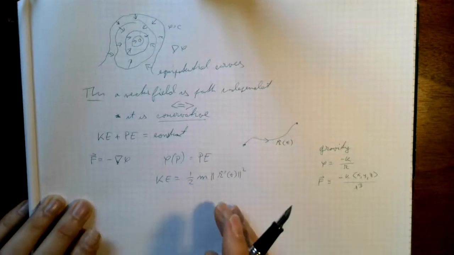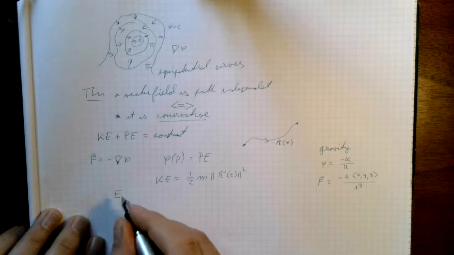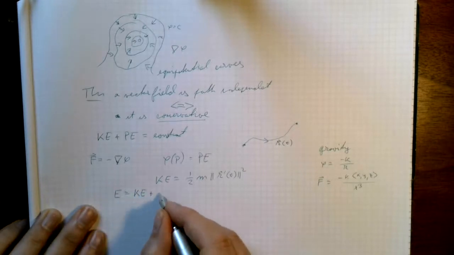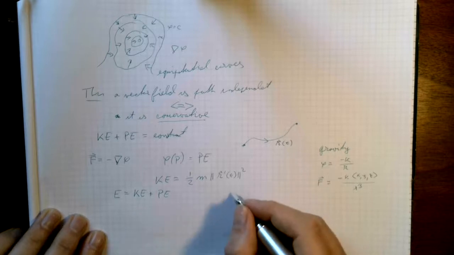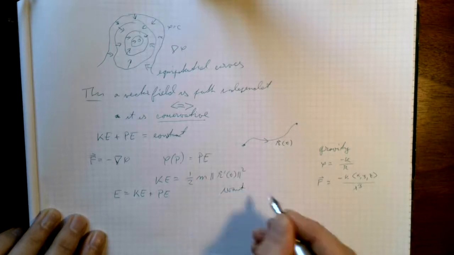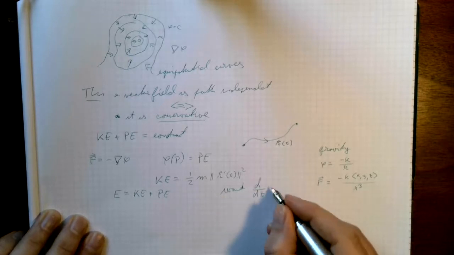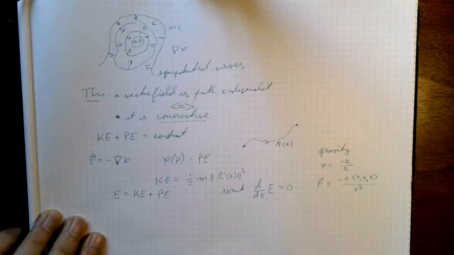And the total energy of this particle is kinetic plus potential, right? And we want to see why this is conservation of energy, that the total energy is not changing with time.